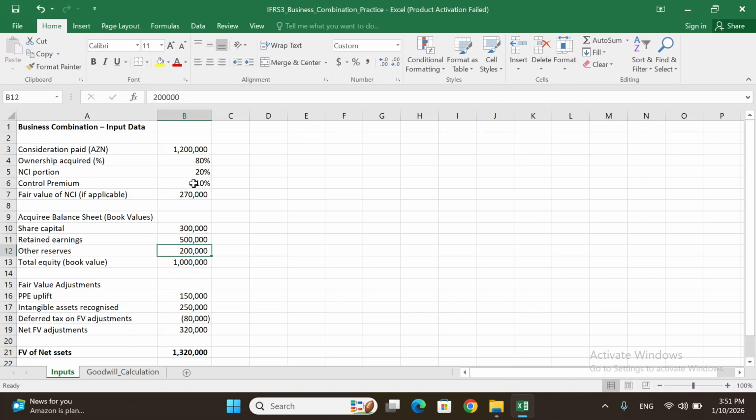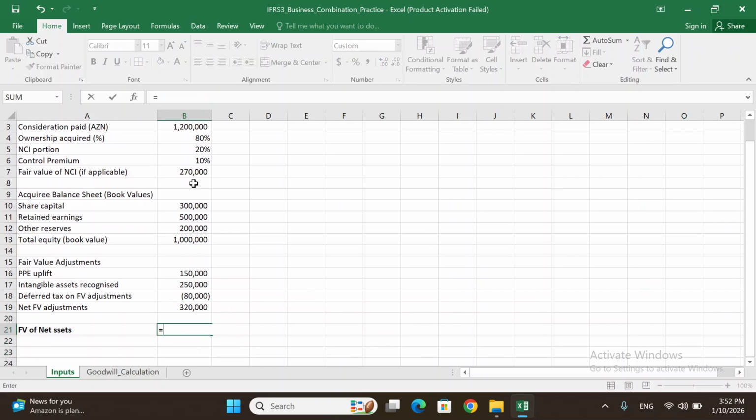And here we see that book value of the net assets is 1 million, and we are doing fair value assessments over the book value of the assets and liabilities of the company, and we identify that there is uplift in PPE, intangible assets, and there is 20% deferred tax impact of this uplifts, and our net fair value adjustment is 320k, and total fair value of the net assets is 1 million here, plus net fair value adjustments. This is our net assets.